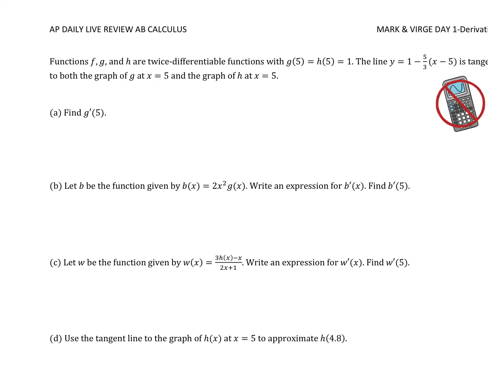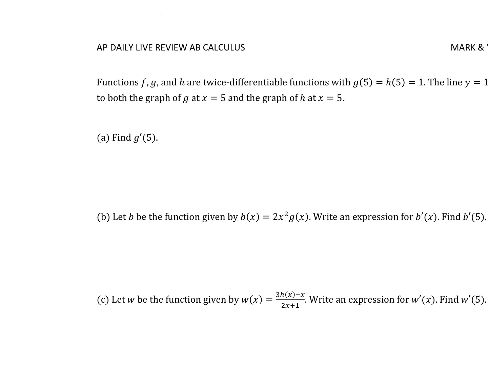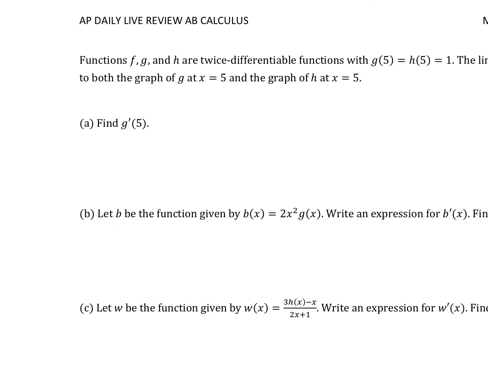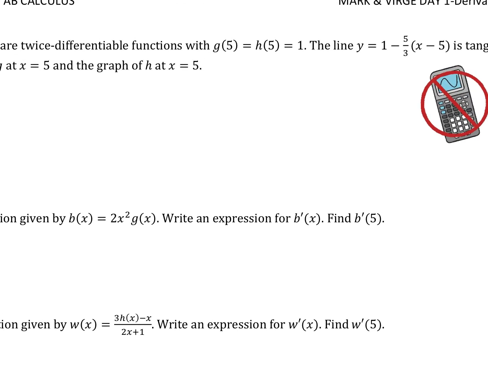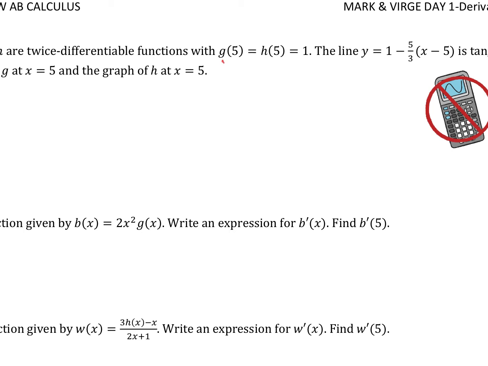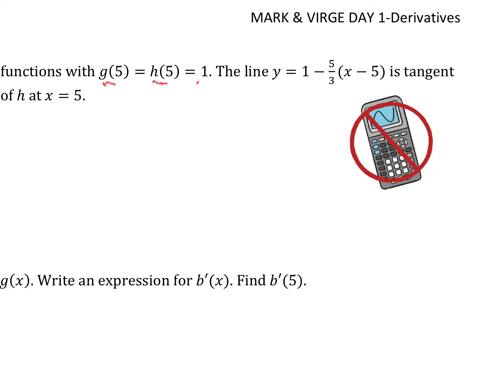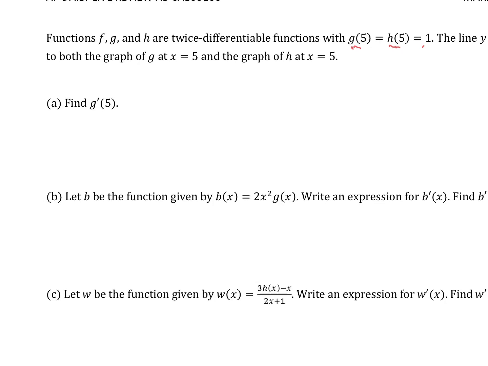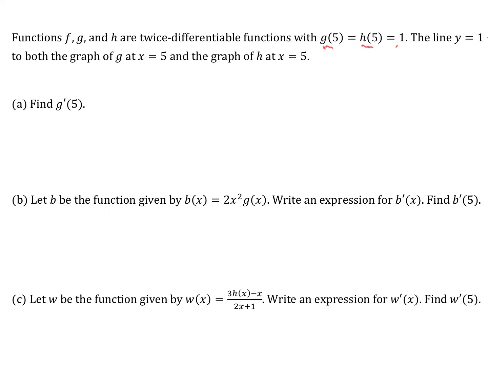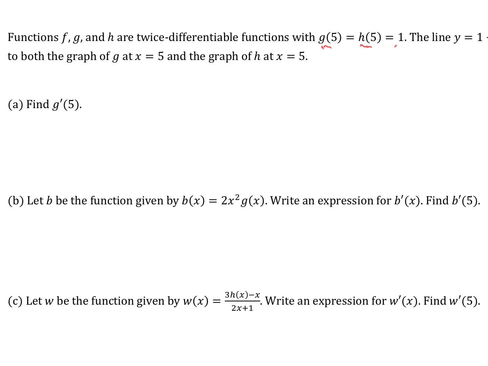Okay. Now the second problem, call this number 2. We have f, g, and h are twice differentiable functions. We know g of 5 is connected to h of 5, which is a 1. So g of 5 and h of 5 are the same. The line y equals, here, is a tangent line to the graph of g at x is 5, and to the graph of h at x is 5.